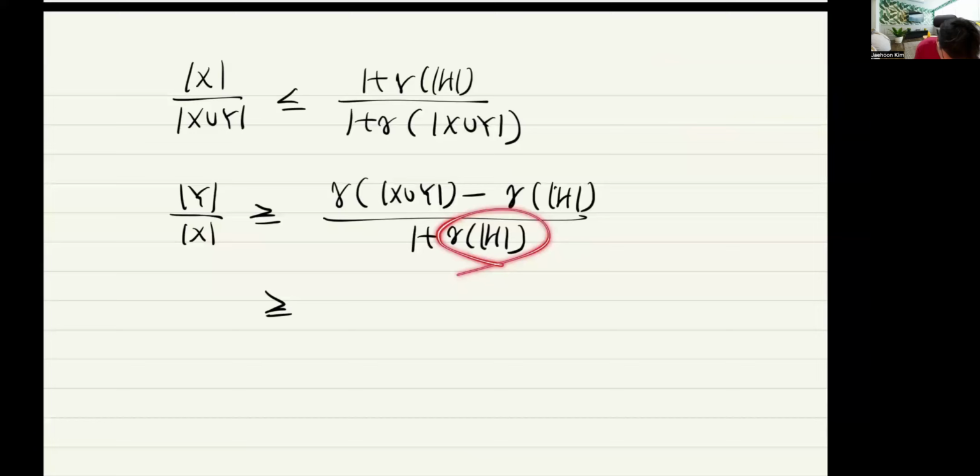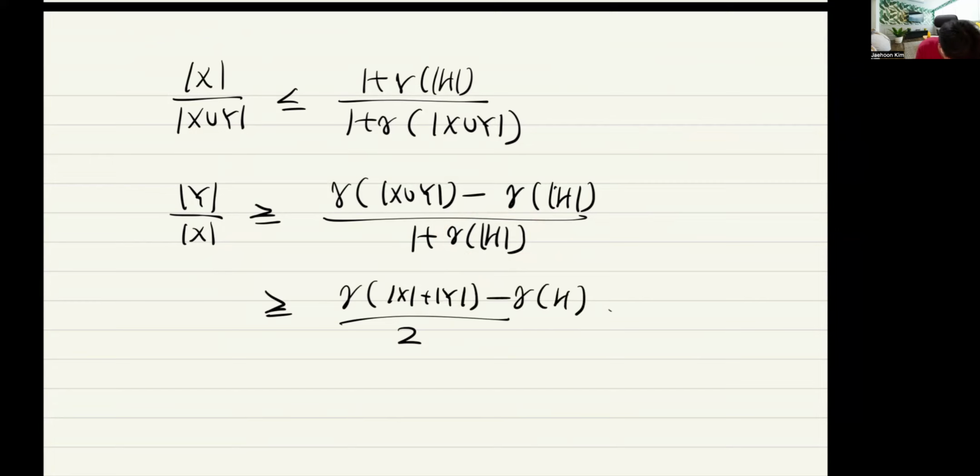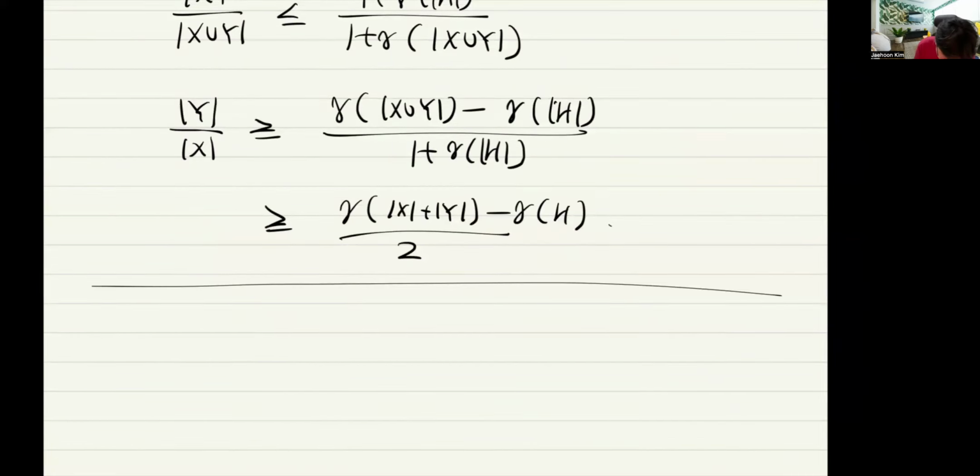And we know that this is at most 1, so let's write half. So X plus Y minus gamma of H. So what do we do?